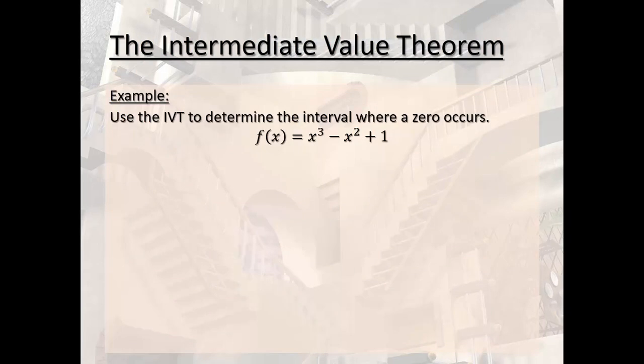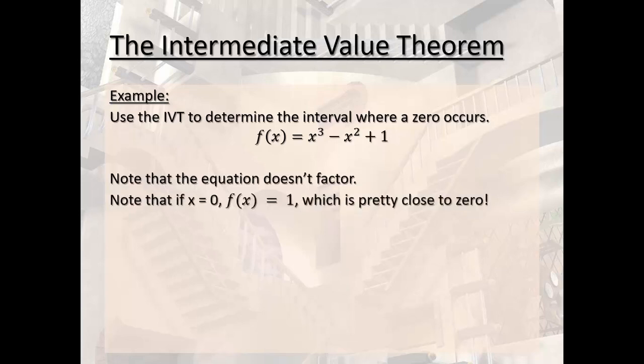So here we go. Let's use the intermediate value theorem to determine the interval where a zero occurs. First, note that the equation doesn't factor. Also notice that when x equals 0, y equals 1. And 1 is kind of close to 0.